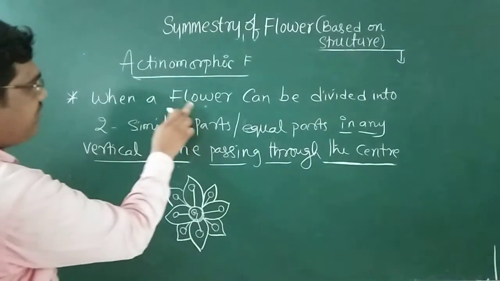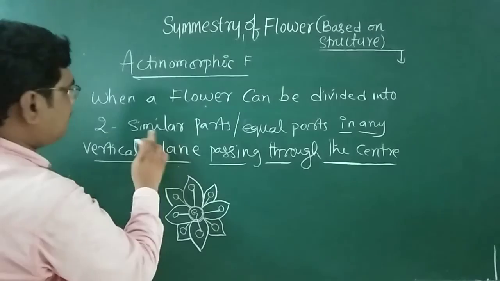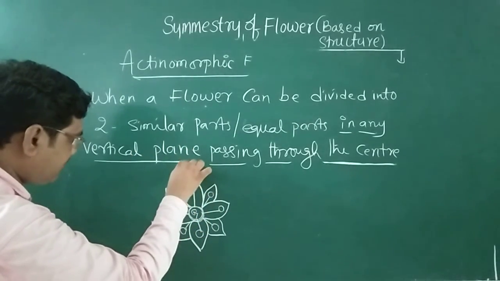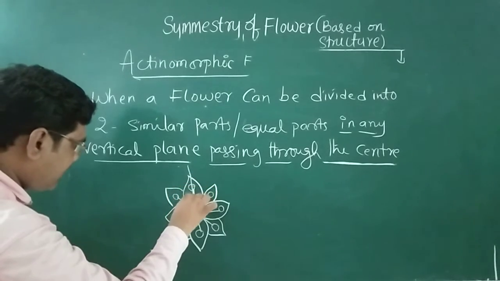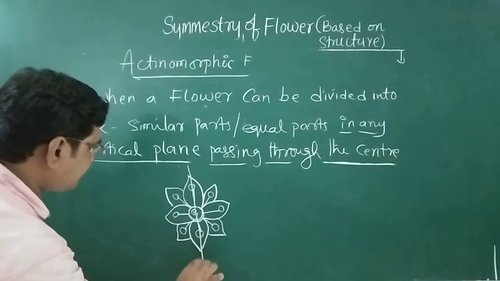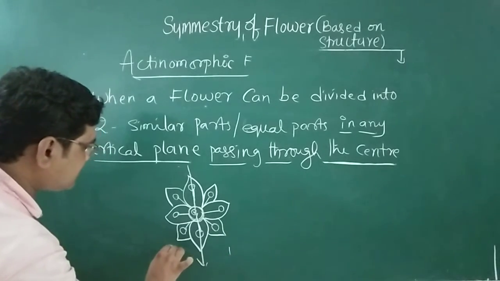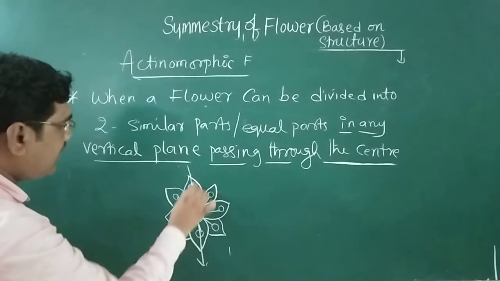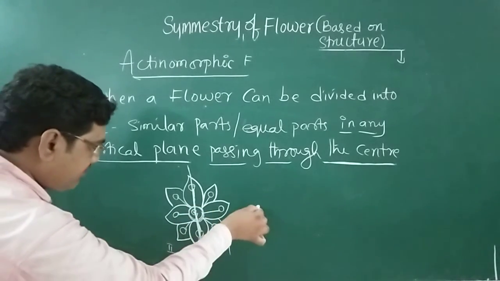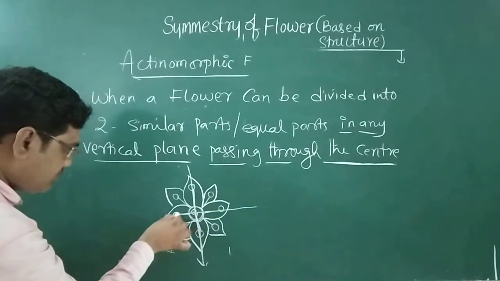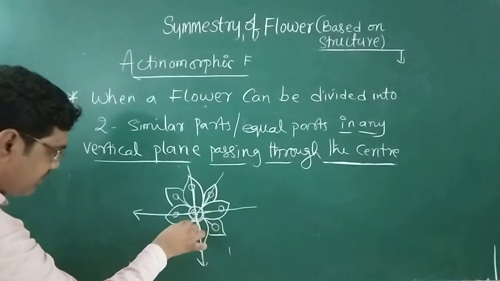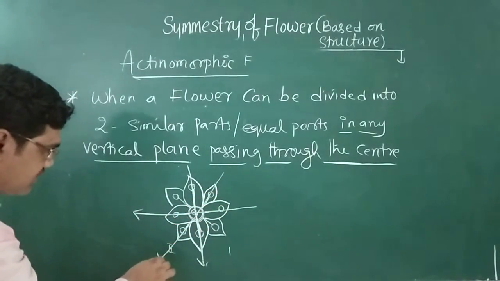See here, when a flower can be divided into two similar parts. For example, this flower can be divided into two equal parts. This is one part and this is the second part, in any vertical plane passing through the center. From this side it can be divided into two equal parts, and from this side if you cut the flower, you will get two equal parts.